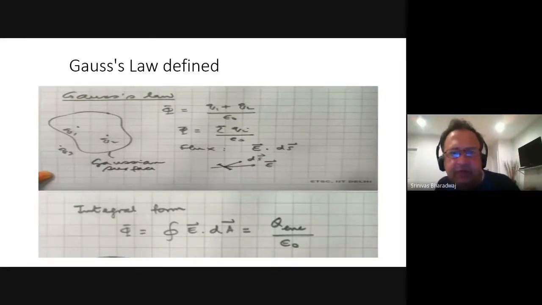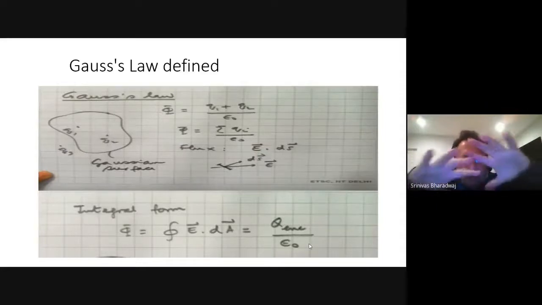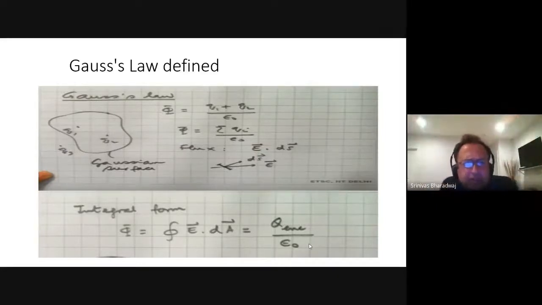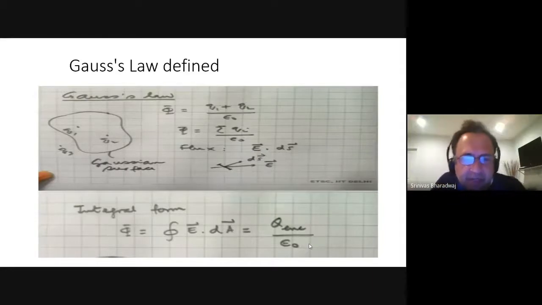So the flow of this flux around a closed surface, E dot dA around that closed surface, will equal the enclosed charge divided by epsilon naught. That is Gauss's law.